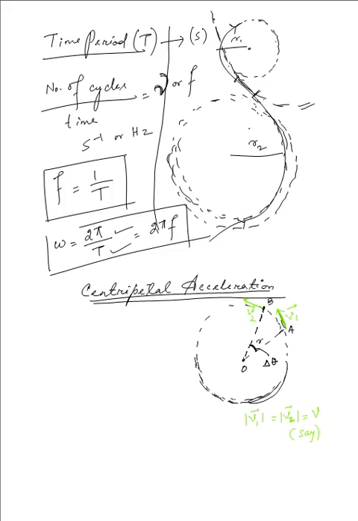Now if we produce v2 backward, it meets v1 at a point. This is v1 and this is v2, and they meet at a point over there.